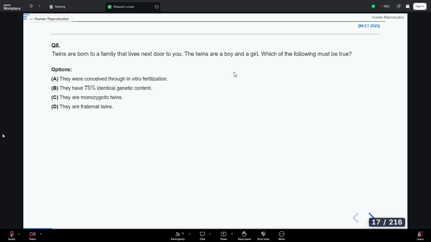Twins separated from a single zygote, what is that? Monozygotic or dizygotic? Twins separated from a single zygote, that is monozygotic. Okay, what about dizygotic?